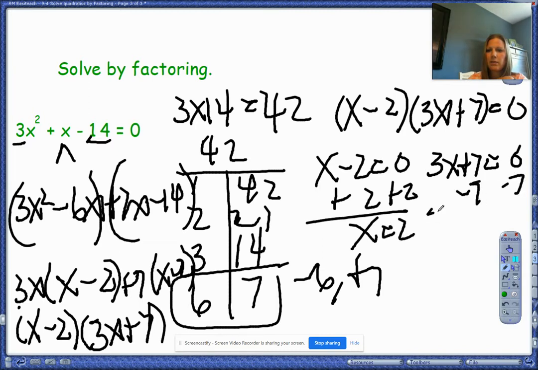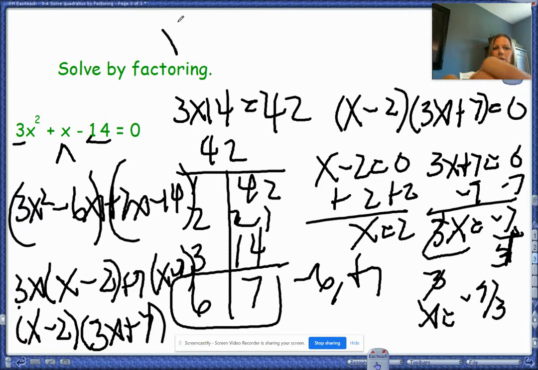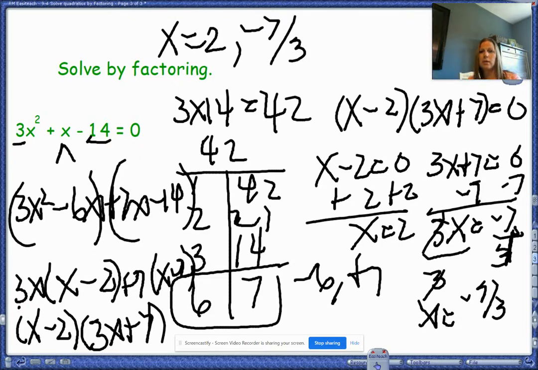Minus 7, 3x equals negative 7. Divide both sides by 3. x equals negative 7 over 3. So my answers are x equals 2 and negative 7 over 3. And those are the two points that my parabola crosses on the x-axis.